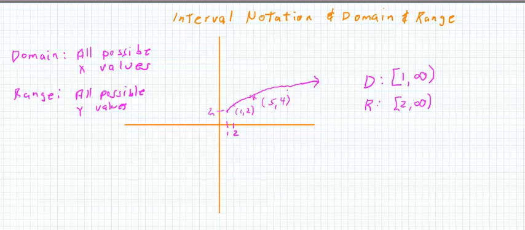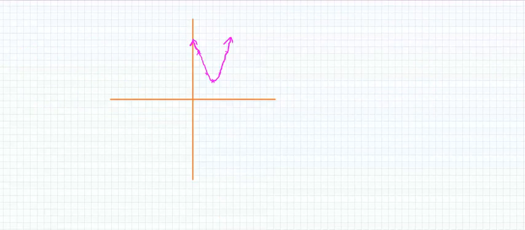All right, let's look at another one. Here, our domain is all real numbers. The graph keeps going up and up to the right. So x keeps getting larger. And over on this other side, because it's a parabola, it keeps getting smaller.